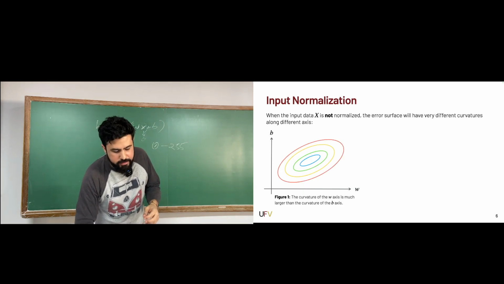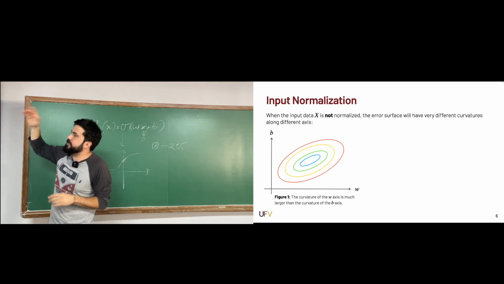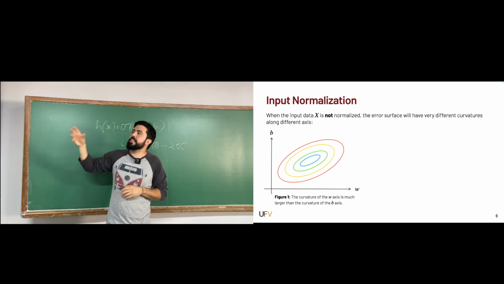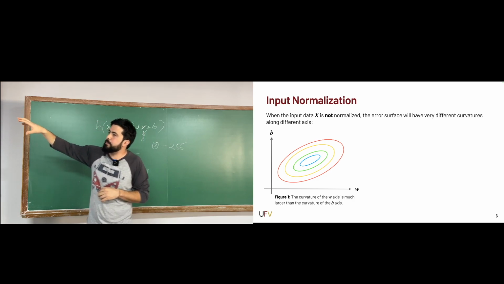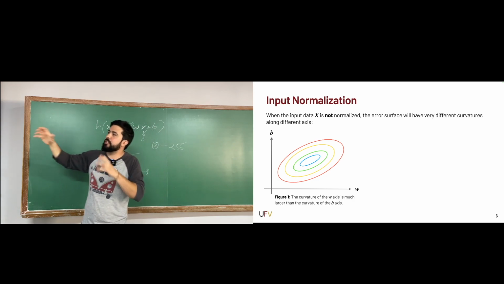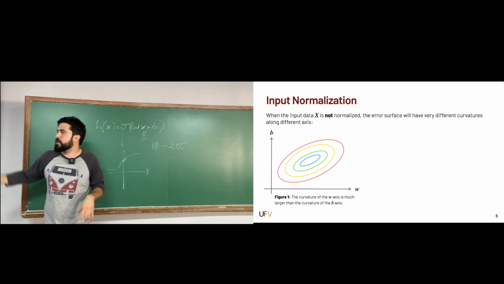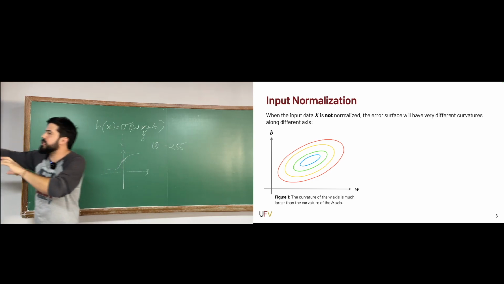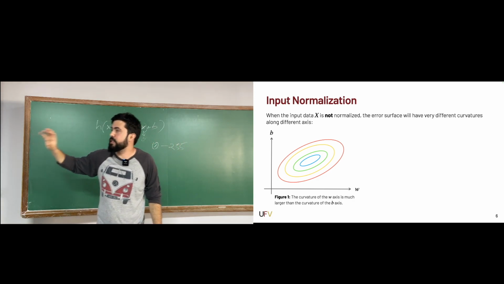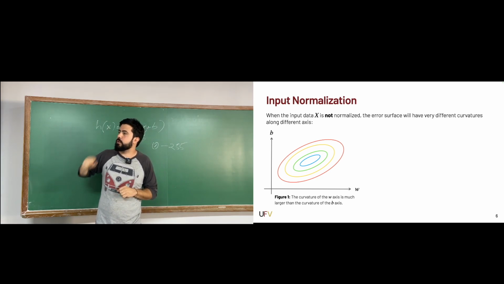So let's visualize that. When your input data X is the input matrix, with all the examples in the columns, and your data set is not normalized, then your error surface will have very different curvatures along different axes. Visually you're going to get this ellipse here, because now I am dealing with just one W and one b for visualization. Obviously this would be a high dimensional plot, but if you had only two parameters, you would get an error plot like this one.